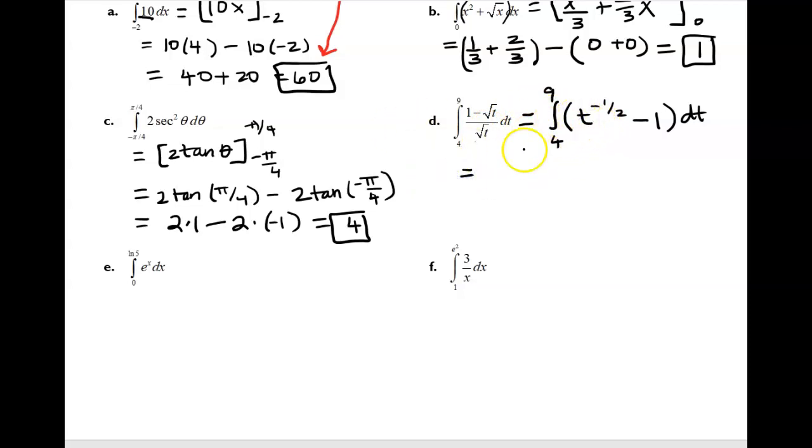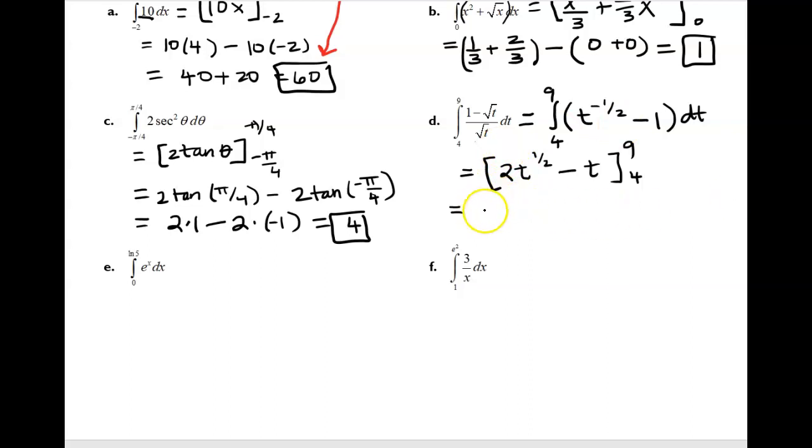Now I'm ready to take my antiderivative. So the antiderivative of t to the -1/2, leave a space. T, my new exponent is positive 1/2. My coefficient then is the reciprocal, 2. Minus the antiderivative of 1 is just t, evaluated from 4 to 9. Now at this point, it might help you to rewrite, instead of a 1/2 exponent, think of it as a radical.